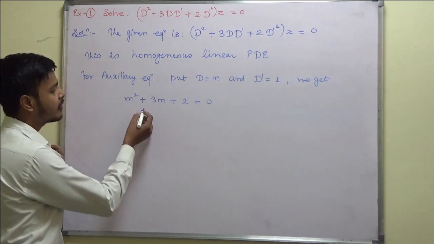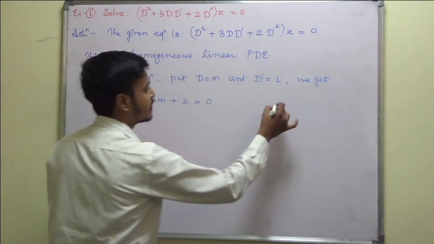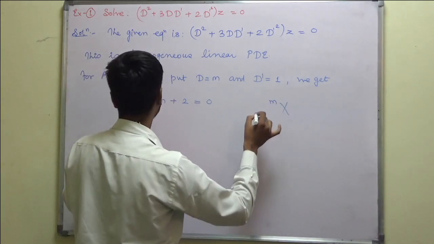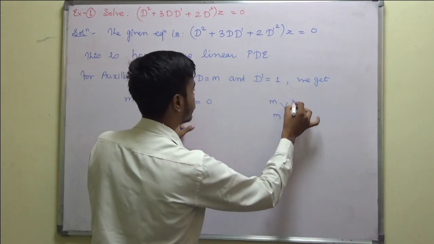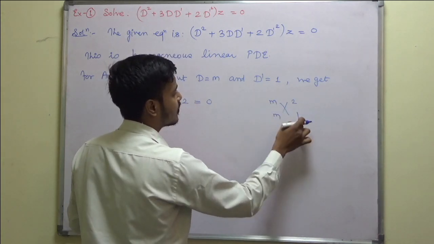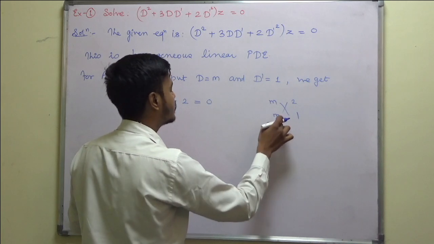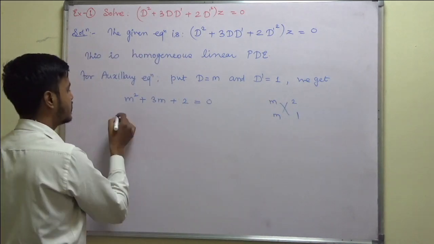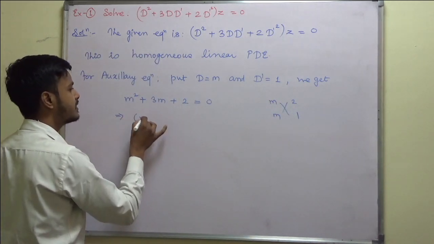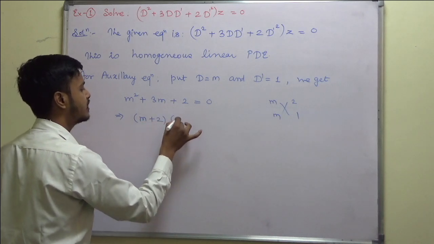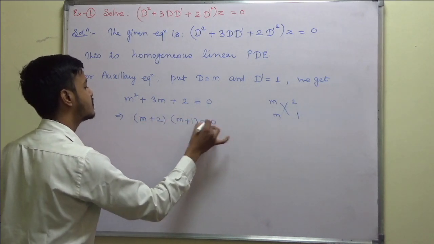Okay, now find out the roots. So roots are for m square, m into m, factors of 2, 2 into 1, 1 into m, 2 into m, 2m. So 1 plus 2, 3. So I can write this one as m plus 2 into m plus 1 equal to 0.